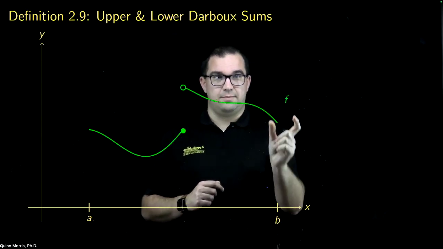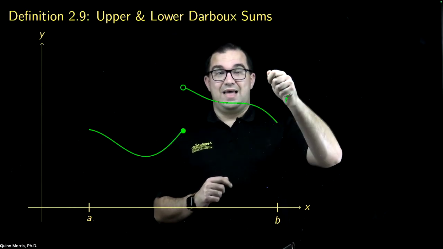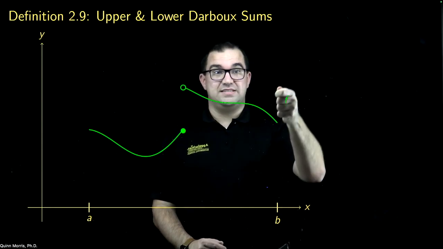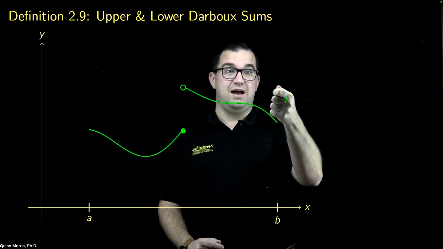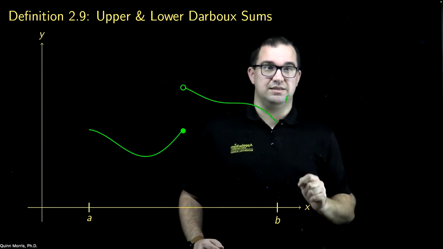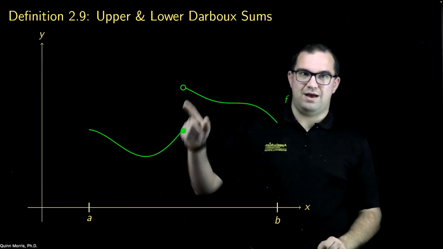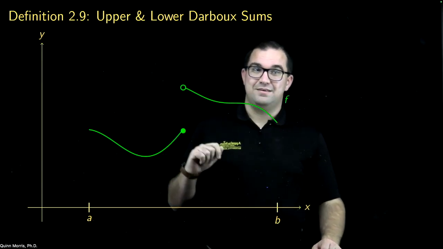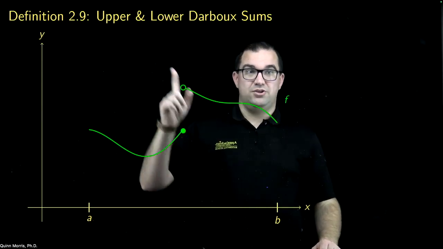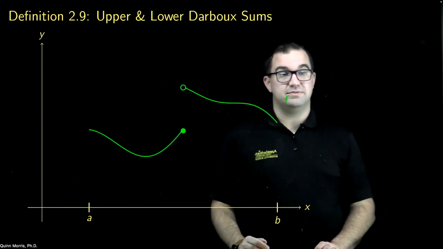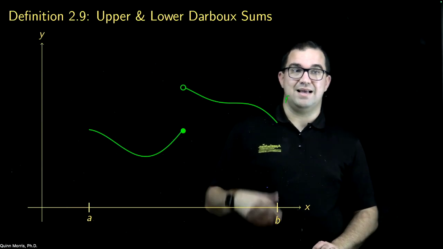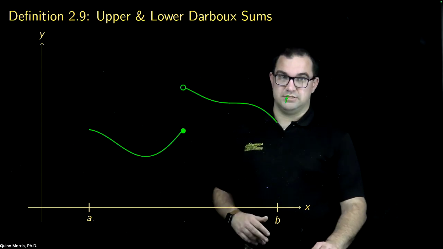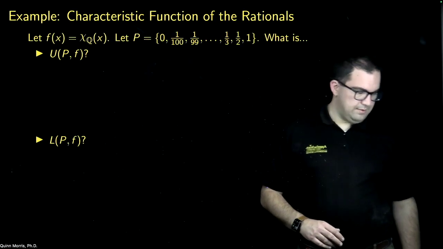So on each of the little subintervals of the partition, whatever that capital M sub k is, there will be some point in that subinterval where that value is achieved. However, when you have a function that's just bounded, but not continuous, then you can have upper and lower Darboux sums that are not realized as any particular Riemann sum.